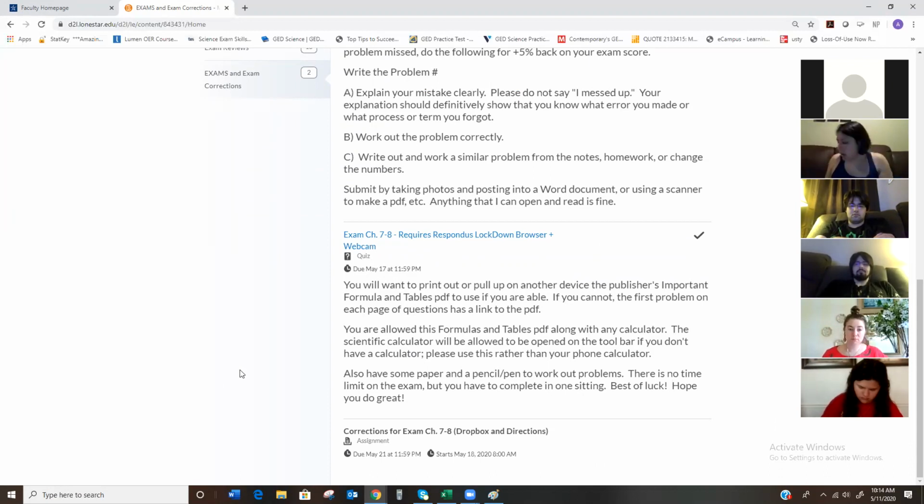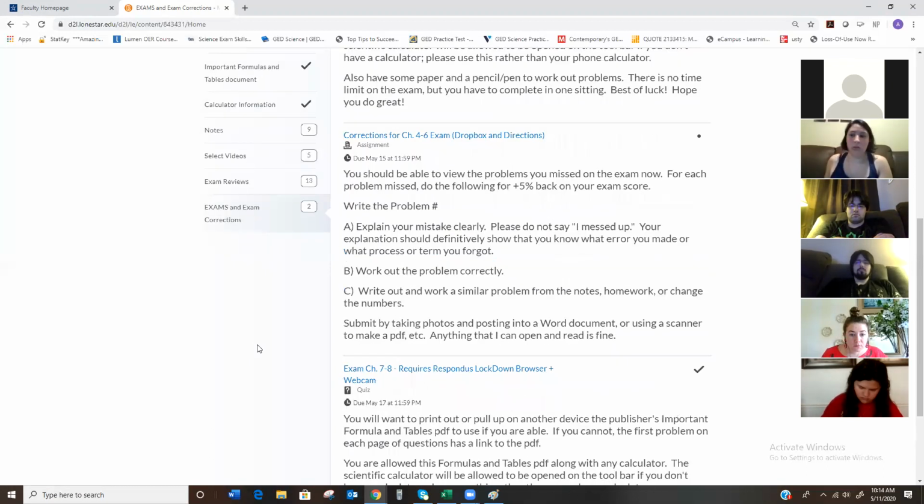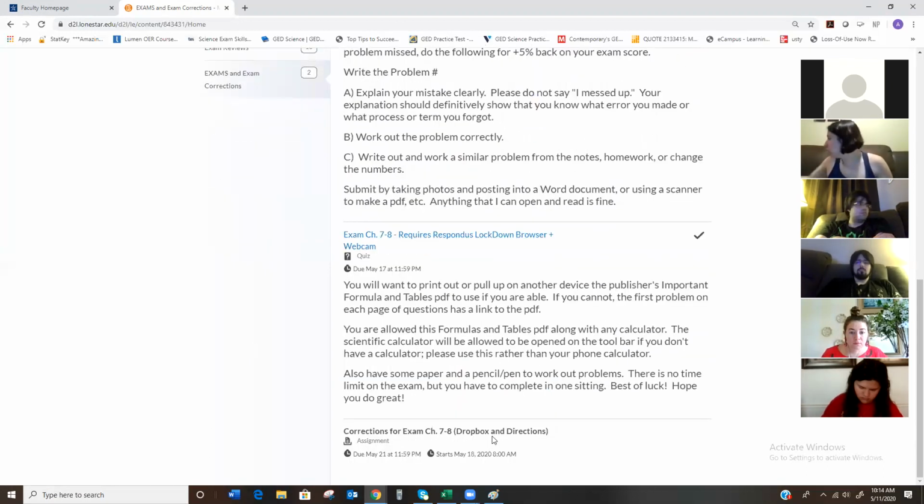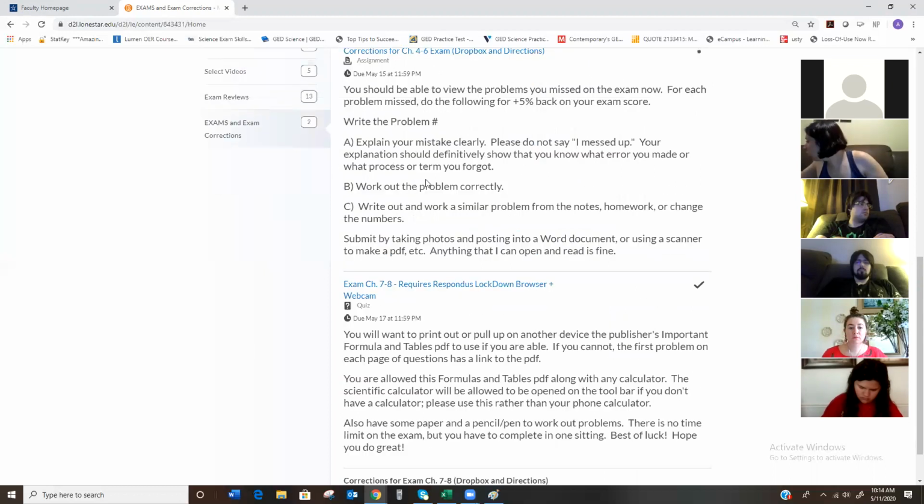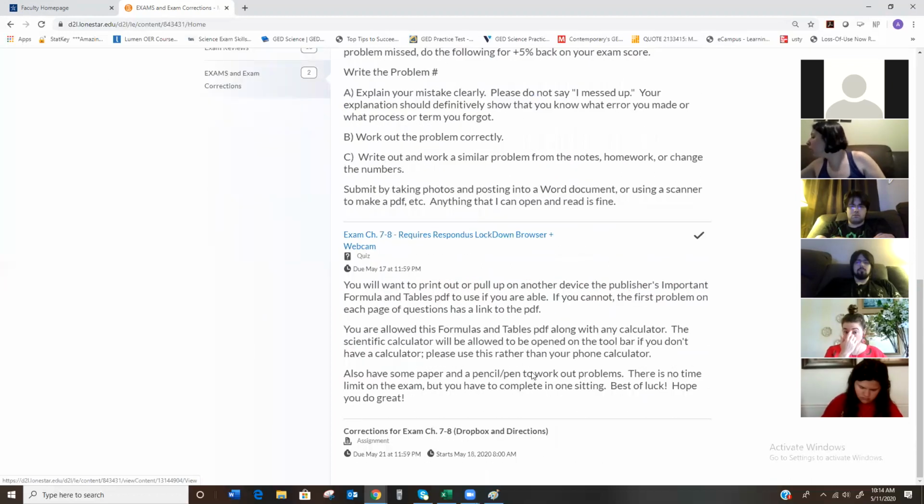I do not have, why does this not have, this is weird. This is supposed to have the same directions that this one has. I'll fix that. I don't know why that doesn't have the directions in there. But anyway, this is due the 21st because the final's on the 22nd.